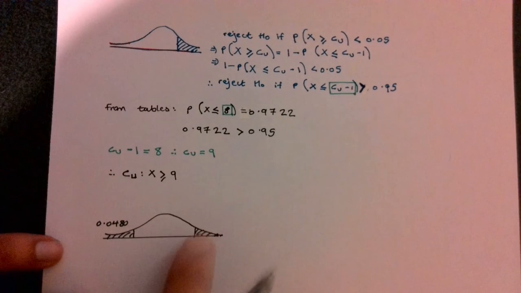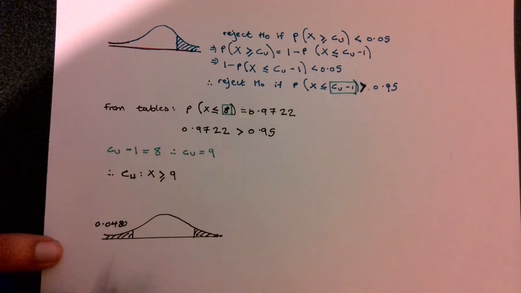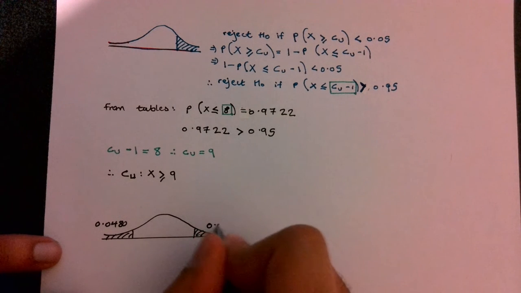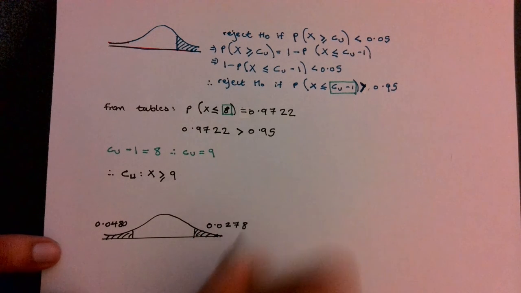So therefore this bit will be 1 minus this, which is 0.0278. Okay?